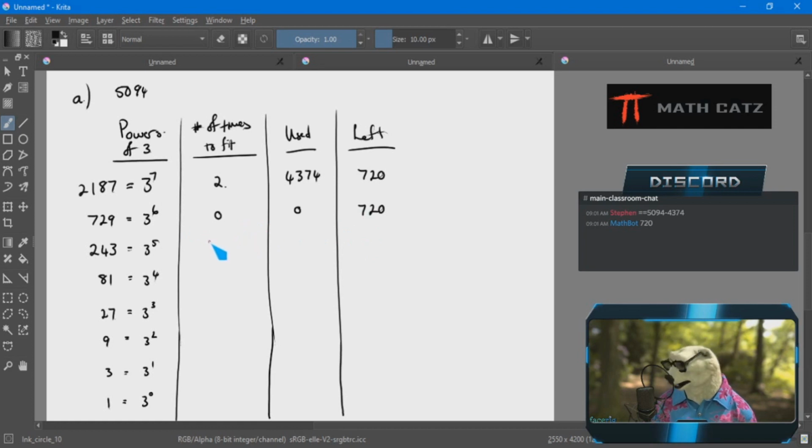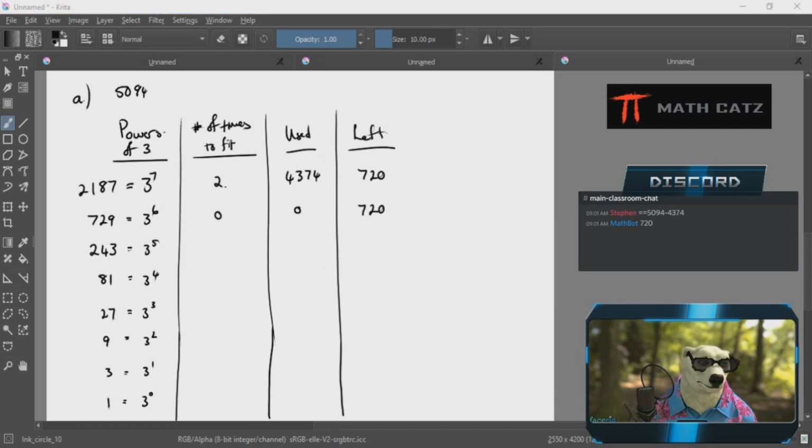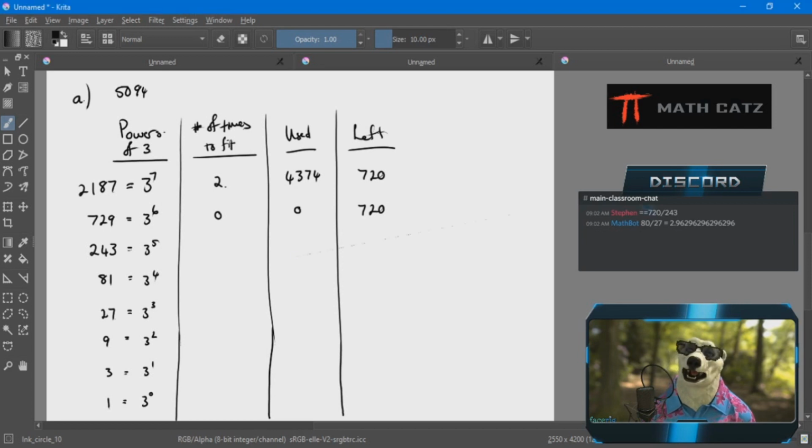Then for the next group size, 243. Let's see how many times can that fit. I'm thinking 2 times. But let's double check. So 720 divided by 243, and we see it was almost 3.